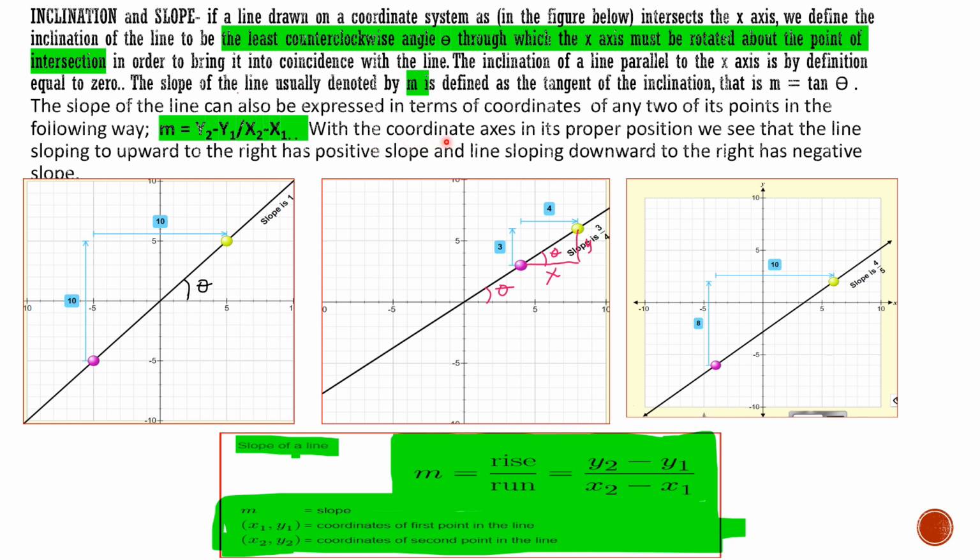With the coordinate axis in its proper position, we see that a line sloping upward to the right has a positive slope, and a line sloping downward to the right has a negative slope. Herewith is the formula for the slope with its corresponding definition.